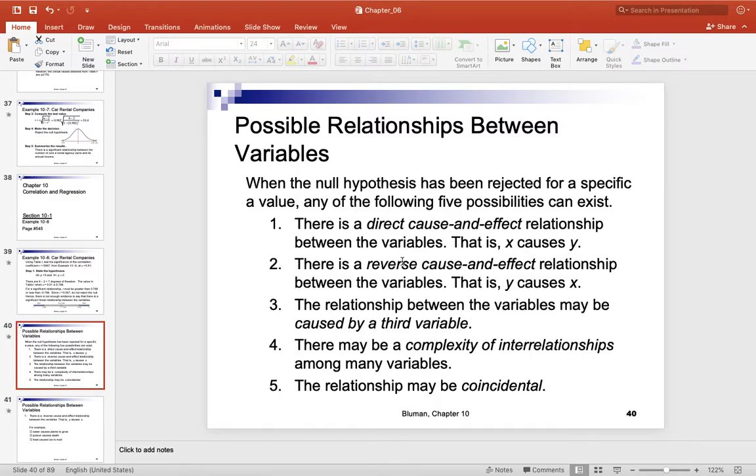The second one is reverse cause and effect. The third one is caused by a third variable. Fourth, there may be a complex interrelationship among variables. And the fifth one is coincidence.